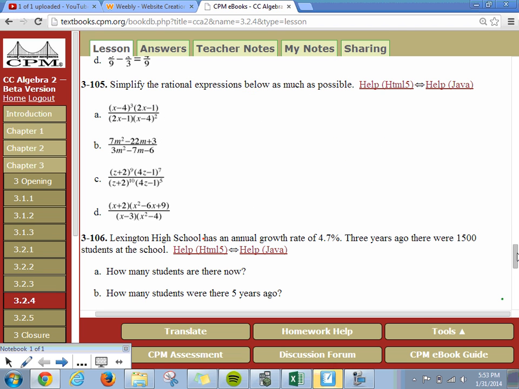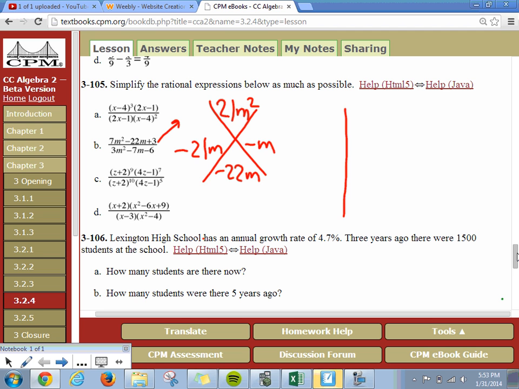In B, we can see that the bottom and top need to be factored out, so we're going to be doing a lot of factoring. In B, let's do the top first. So we'll do our x box method. 7 times 3 is 21 m squared, all over negative 22m. So it looks like we're going to want negative 21m and negative m.